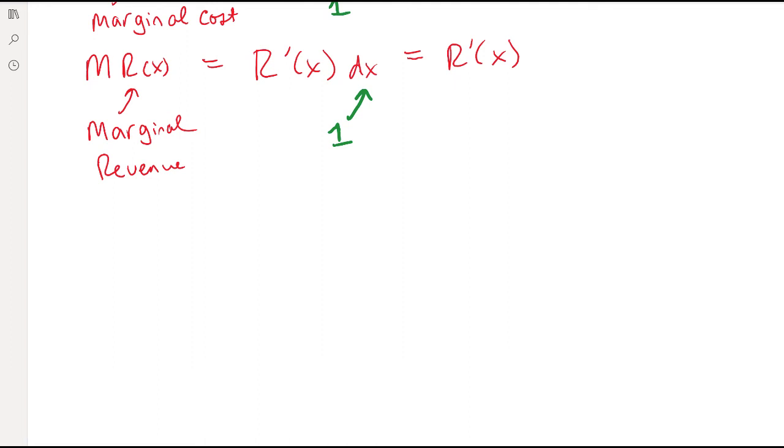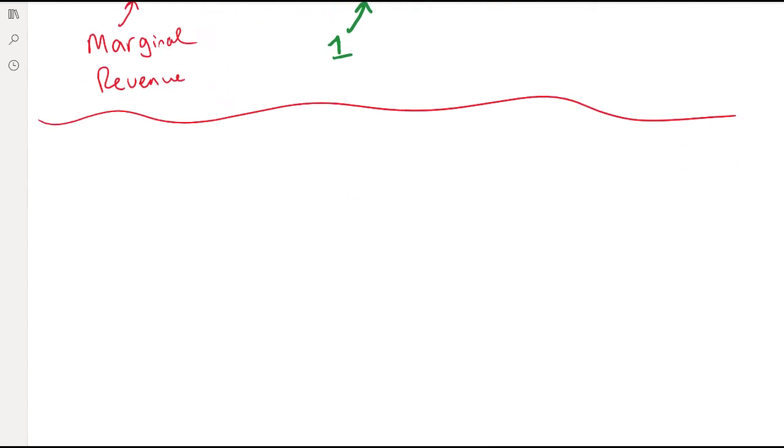For example, suppose we have the following cost function. Suppose c of x is equal to negative 1/6 x cubed plus 1/2 x squared plus x plus 2.